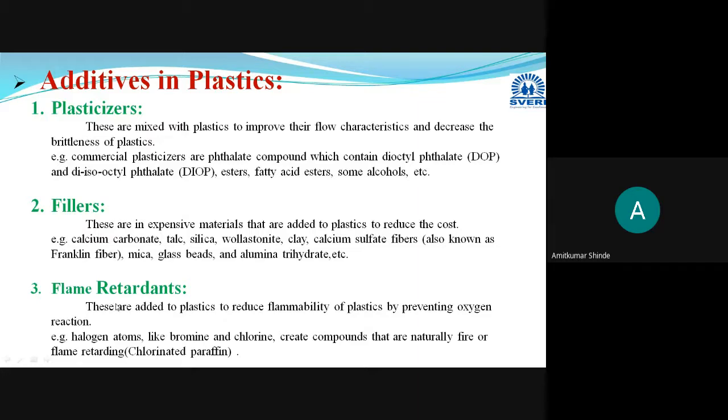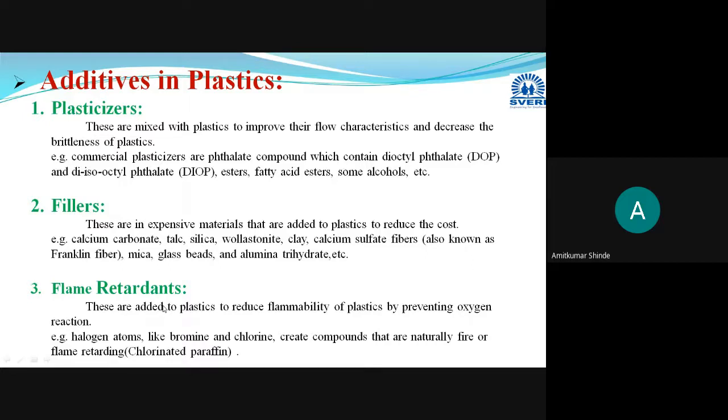Generally we use halogen compounds or halogen atoms, that is bromine, chlorine, fluorine. When they are added to the plastic material, they react with it and form a compound, and that compound works as a flame or fire retardant.